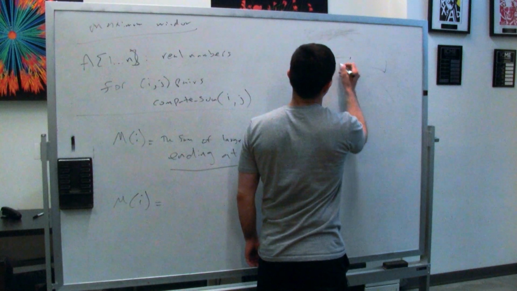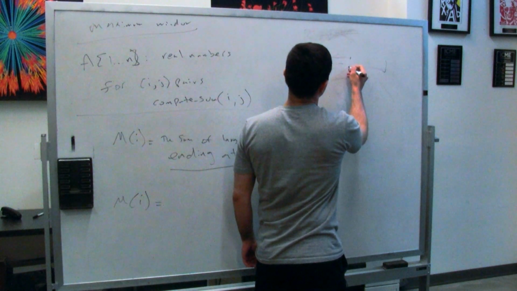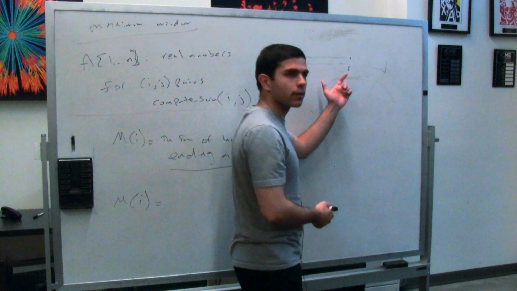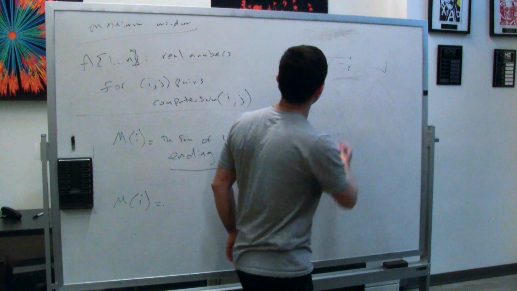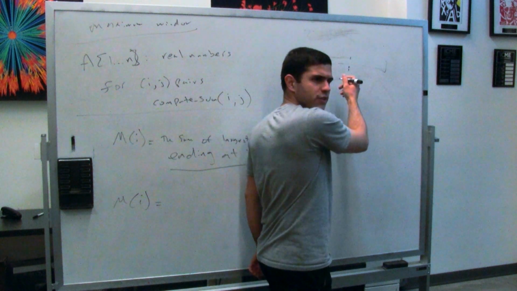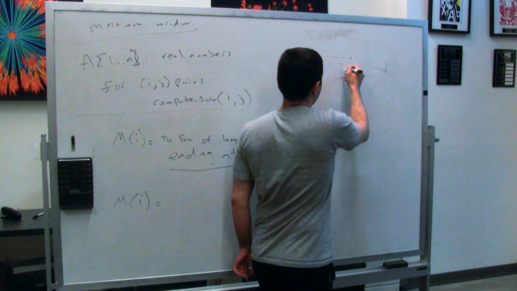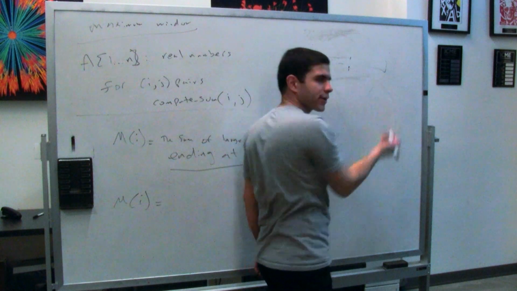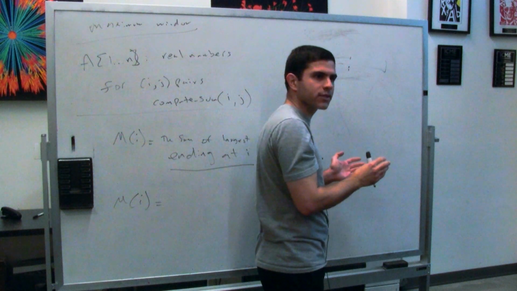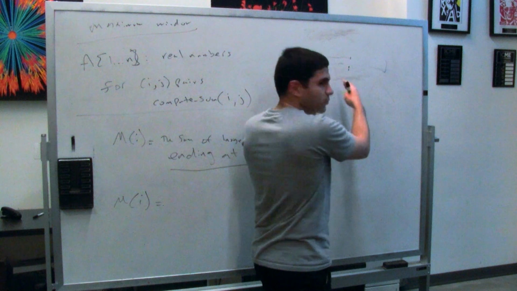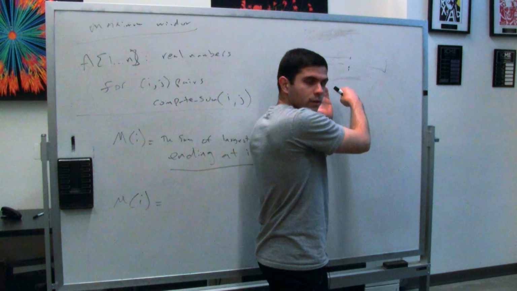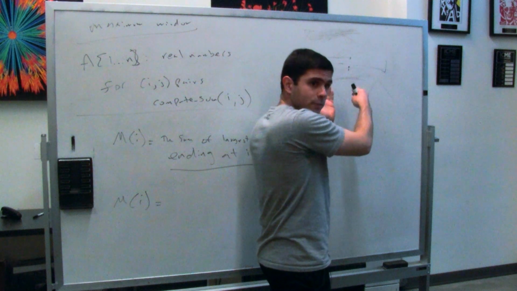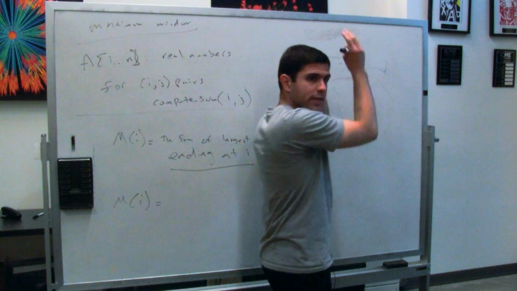You're at a position i in the array, right? And you're trying to find the largest window that ends at i. Well, what could possibly happen? You could either extend the window from the previous position, because that was the largest window that ended at i minus 1, or you could just start a new window. Those are the only two possibilities. You either add this element to the largest window right next to you, or you start a new window with the element on its own.